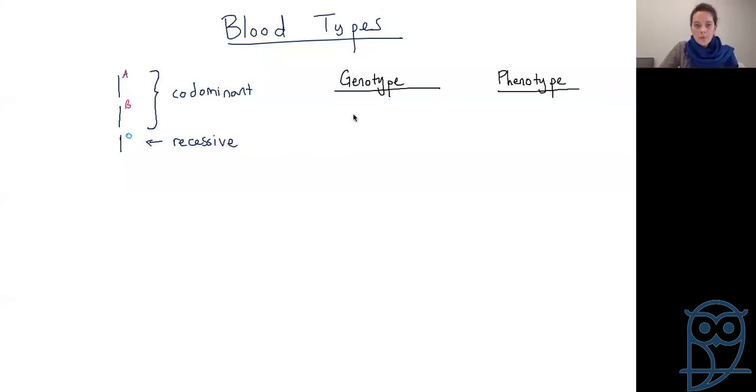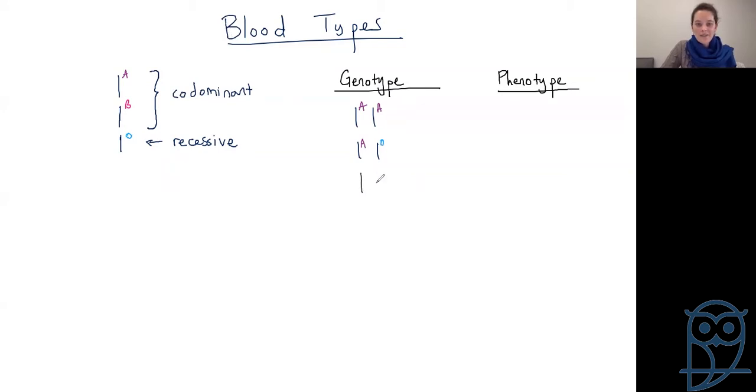So our genotype, let's think about two different options here. We could have A, O. Okay, next two options.